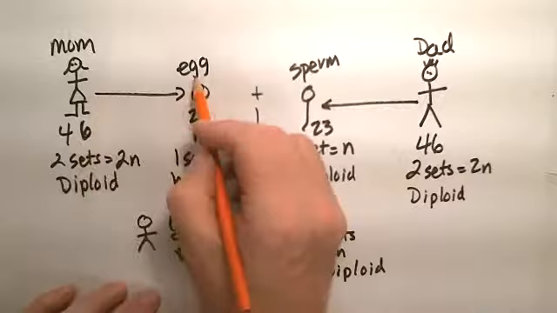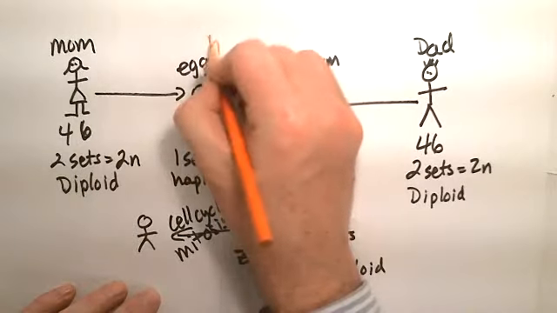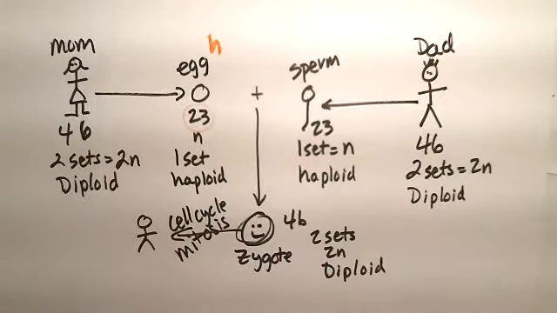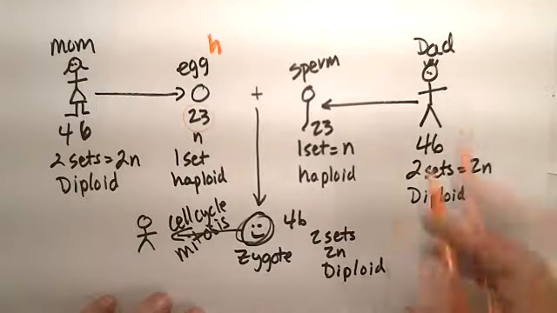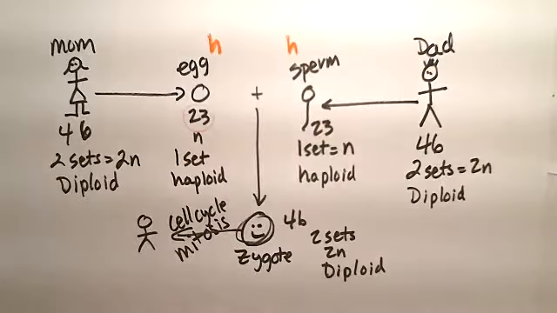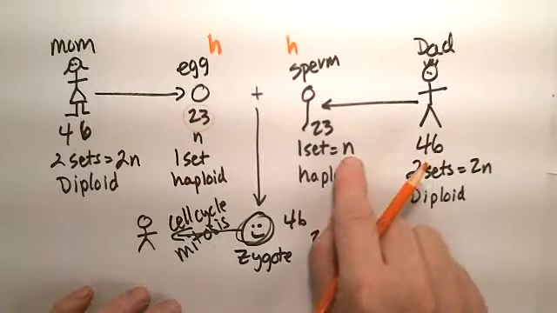So that means my mom's egg had an allele, and we're just going to abbreviate that and call it H, and we're going to use a lowercase h. This goes back to dominance and recessiveness that you may have learned in junior high school. My dad also gave a little h allele. That's what was on the gene. That was what his part of the set was.